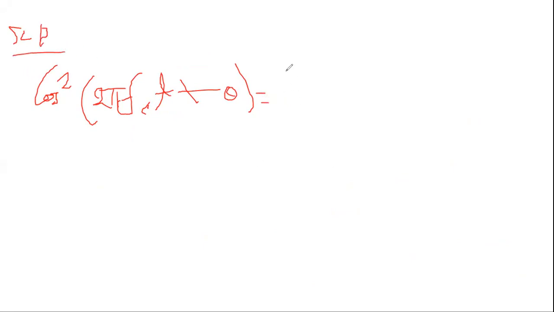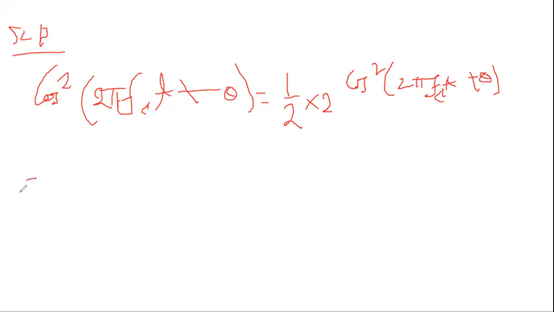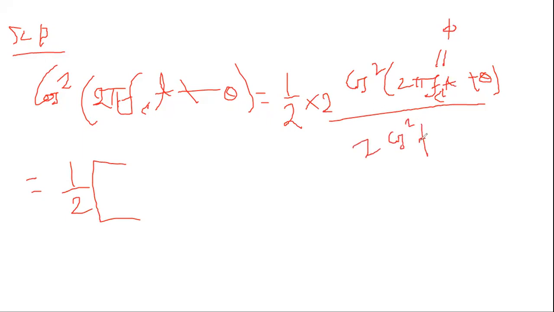Now you can write this in this way. Everyone see, cos square 2 pi fct plus theta. You can write that as 2 cos square phi, where phi is 2 pi fct plus theta.